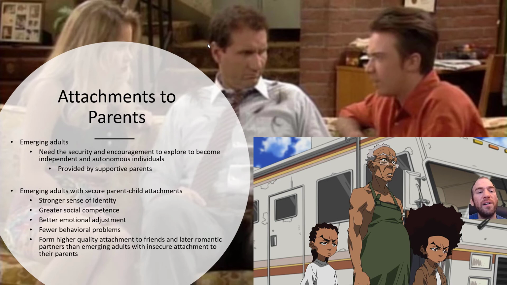And why might this matter? Because emerging adults still need the security and encouragement provided by supportive parents to explore and to become independent, autonomous individuals. Again, very Western framing here, but we're working with it. Emerging adults with secure parent-child attachments have a stronger sense of identity, greater social competence, fewer behavioral problems, and are believed to form higher quality relationships with friends and later romantic partners than emerging adults with insecure attachment to their parents.